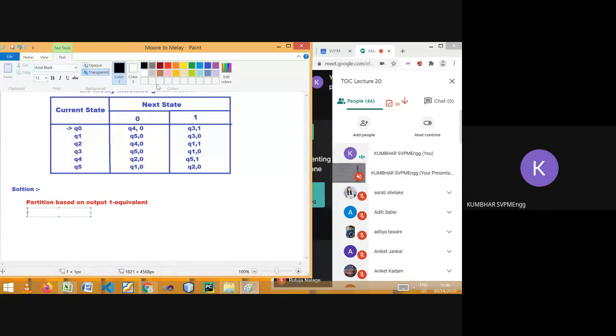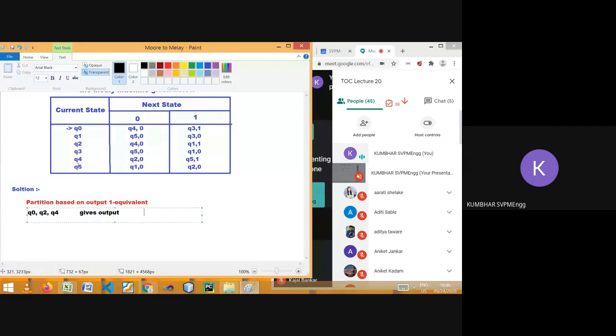Now observe 3 states: Q0, Q2 and Q4. Tell me what is your observation about output. On input 1, it gives the output as 1. If I go for Q0 on 0, Q0 gives output 0 and 1. Q2 is also giving output 0 and 1. Q4 is also giving output 0 and 1. But it may not be the case for Q1. See, Q1 is giving 0 0. Q3 is giving 0 0.